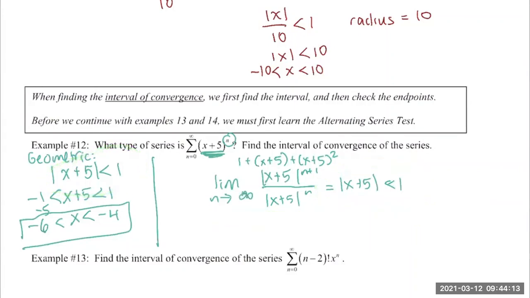They're doing the ratio test. So if they did the ratio test, they have to show that they tested endpoints. So after you solve for this, they would have expected on the free response for that year that you plug -6 in, that you plug -4 into x and test the endpoints from there. So I'll just make a note because I don't want to really do it, but you must test endpoints after that.